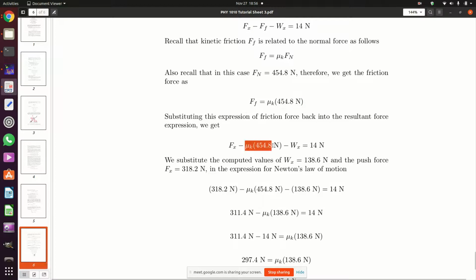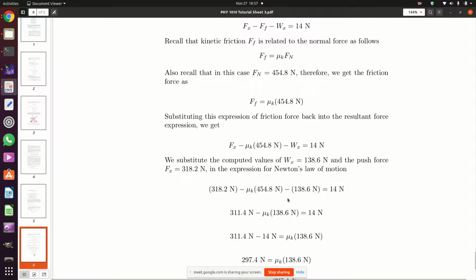Then Wx is this. We know that. Then Fx is that. So we substitute here for Fx, then minus the friction part.